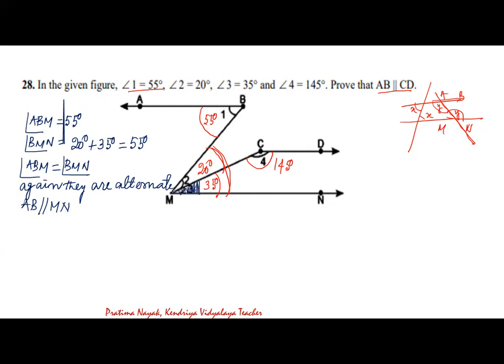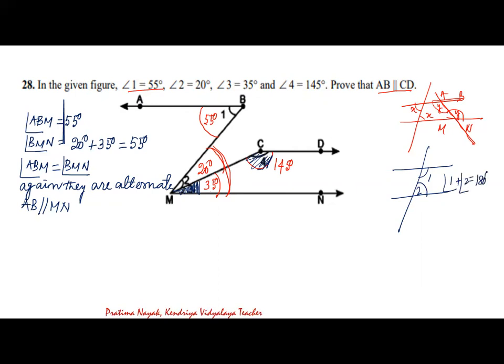Next, I'll come to the smaller angle 35. This angle is 145. This gives you a total of 180 degrees. And here what logic will I apply? If two lines are parallel, then angle 1 and 2, which are known as co-interior angles, are always 180 degrees.